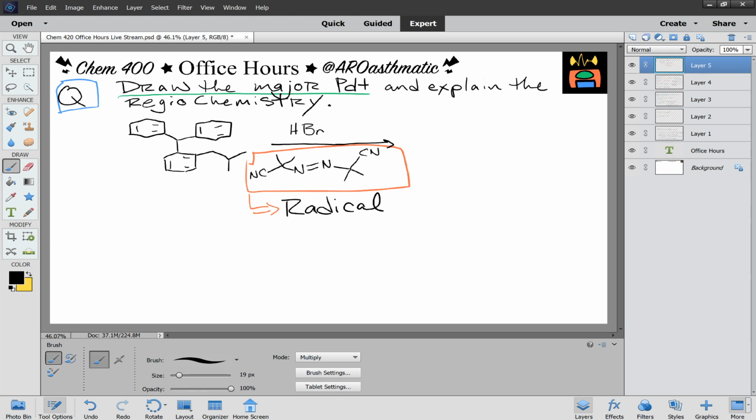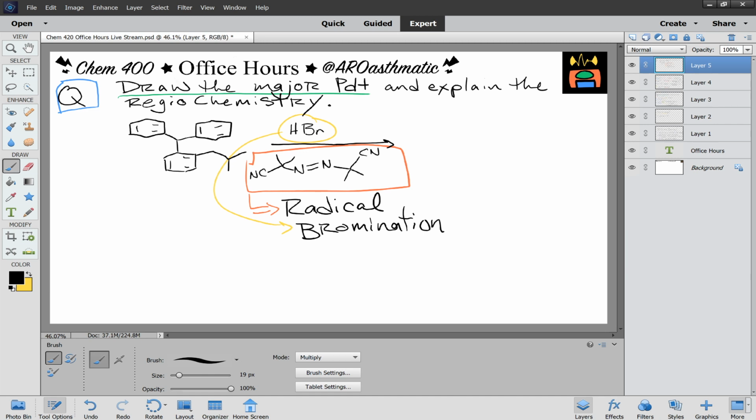And we can deduce from the fact that we have HBr that we're dealing with a radical bromination.